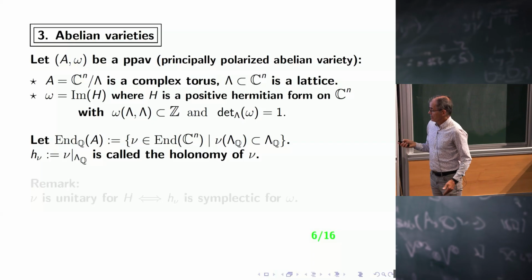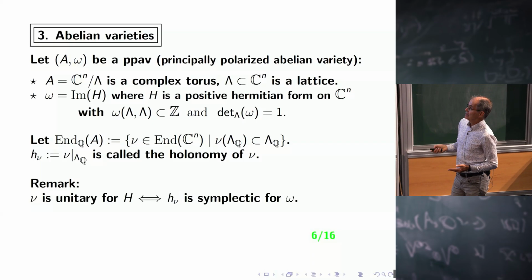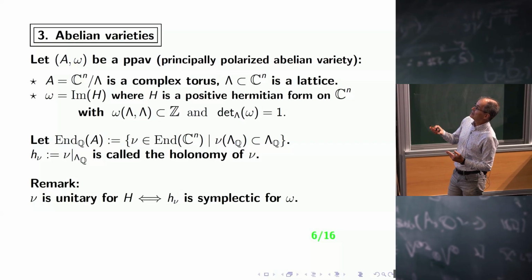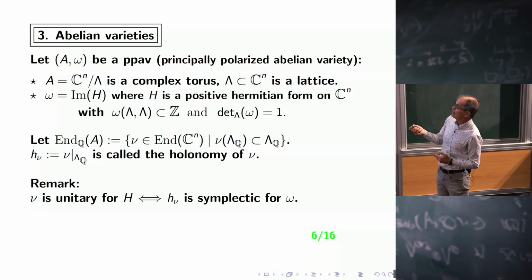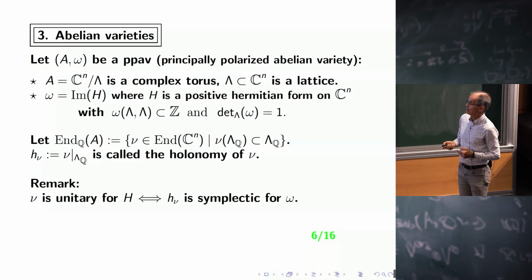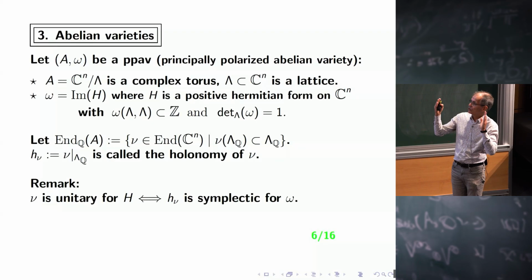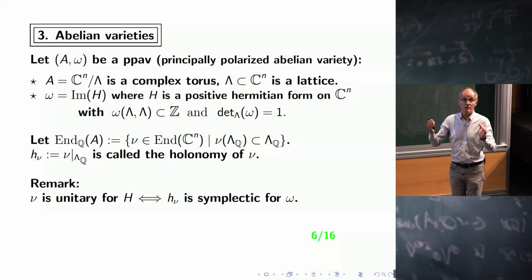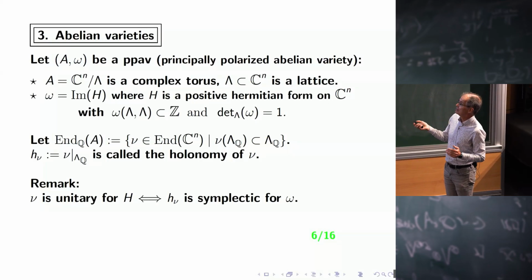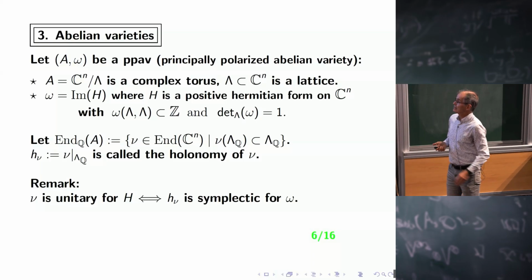There is a remark that nu is unitary, this endomorphism of Cn is unitary for this Hermitian form, if and only if this holonomy, this 2n cross 2n matrix with rational coefficients, is symplectic for omega. So it's a well-known basic fact.